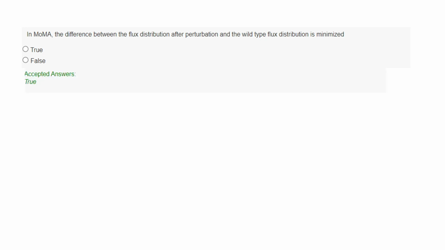MOMA will calculate the Euclidean distance between your optimal point in the wild type and the optimal points in the knockout or perturbed solution set, and it will try to minimize the Euclidean distance and find the corresponding points with the minimum distance. So it is basically trying to minimize the difference between the flux distribution after perturbation and the wild type flux.